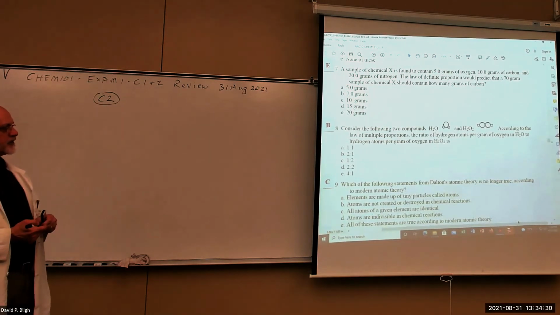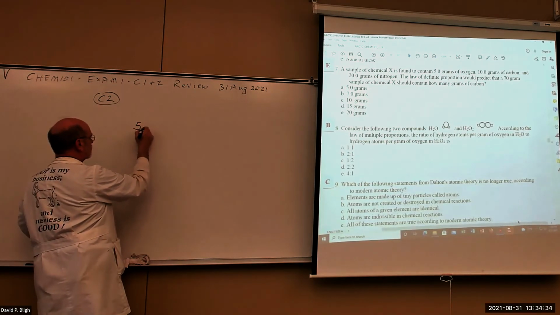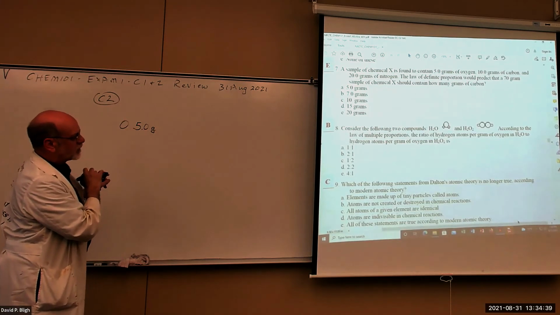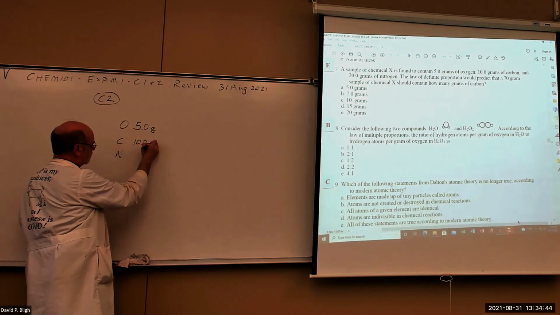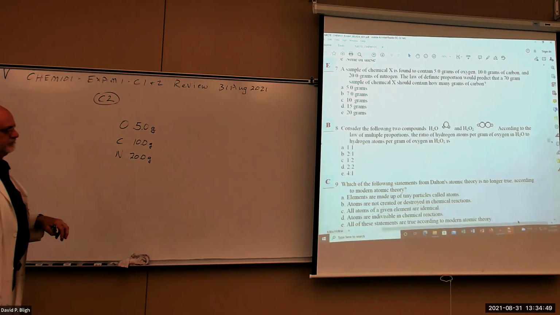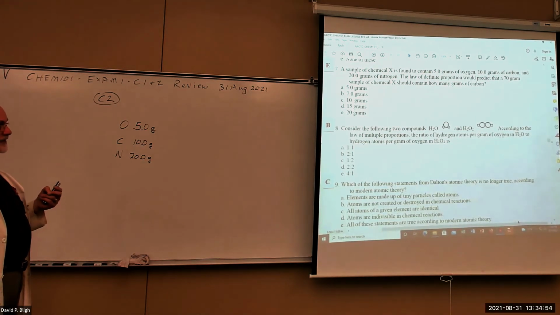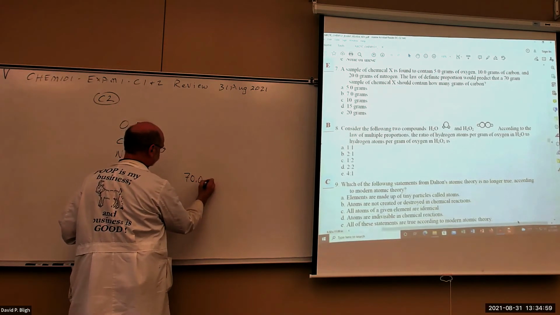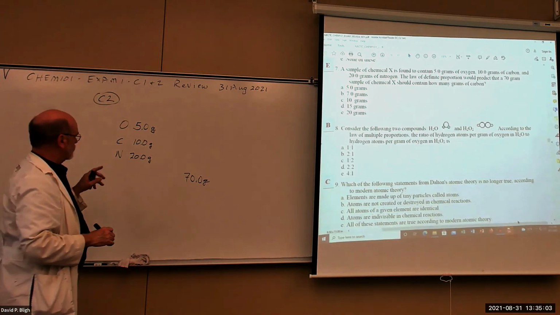A sample of chemical X is found to contain 5 grams of oxygen, 10 grams of carbon, and 20 grams of nitrogen. The law of definite proportions would predict that a 70-gram sample of this compound, 70 grams, would contain how many grams of carbon?